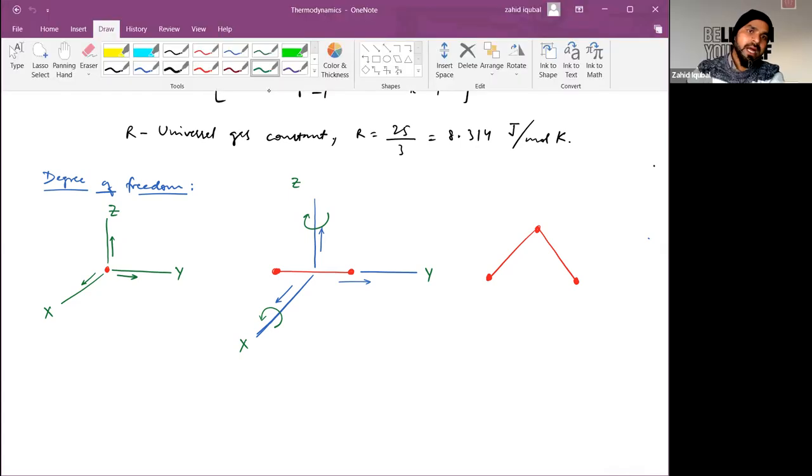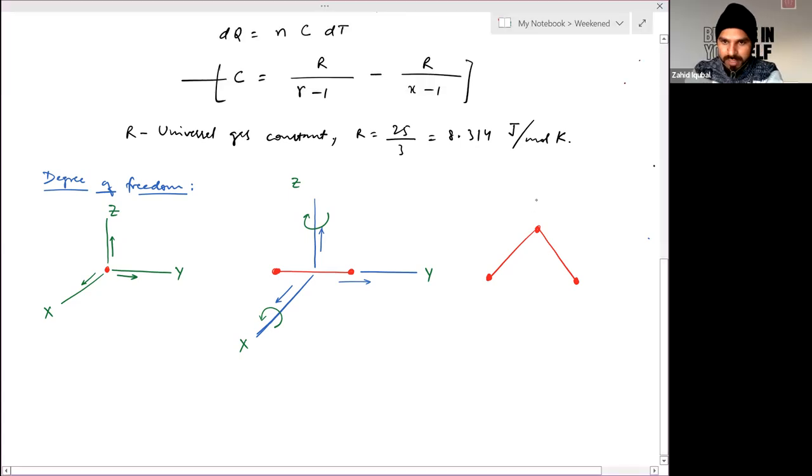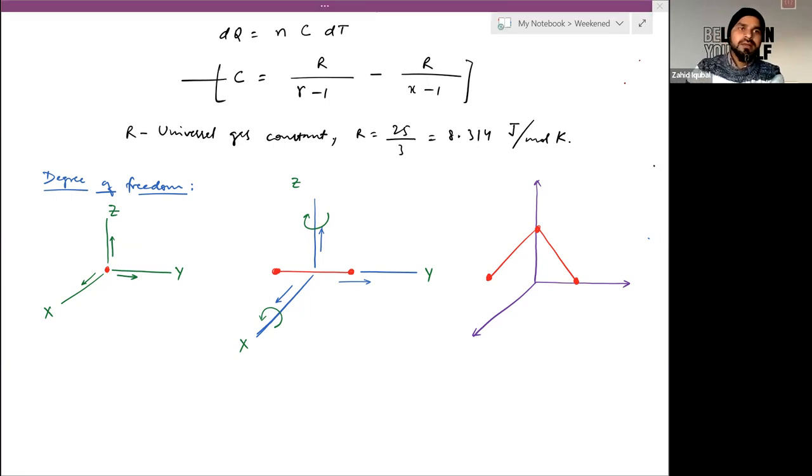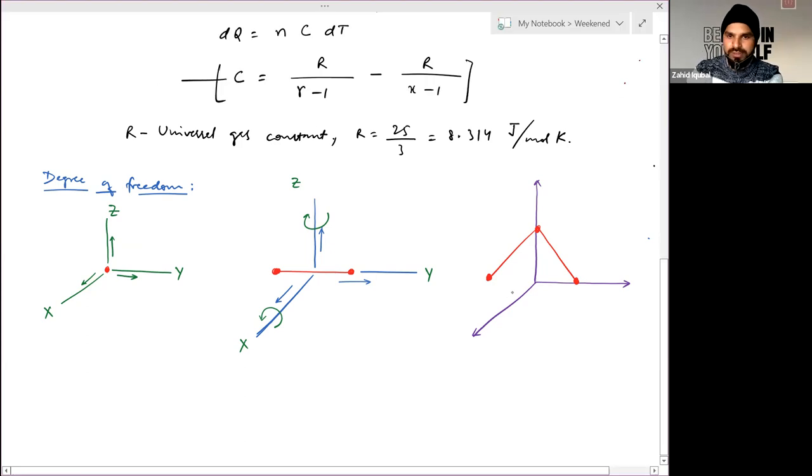Similarly, if I ask you in how many directions this third part, or this bent molecule, would have energy contained in it. Saifullah, try to calculate. You'll say it must have translational energy along x-axis, along y-axis, as well as along z-axis.